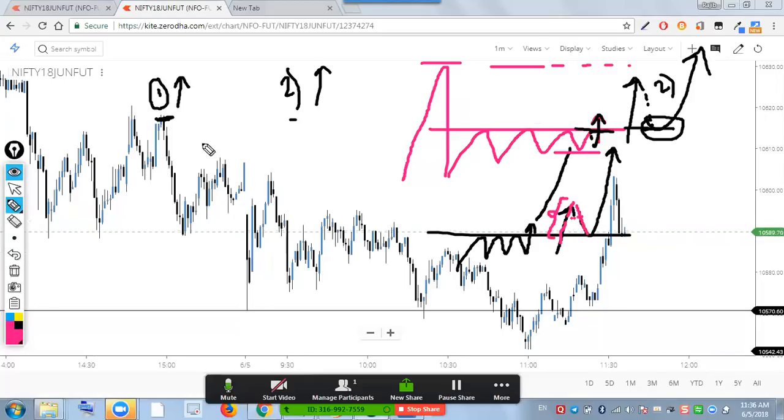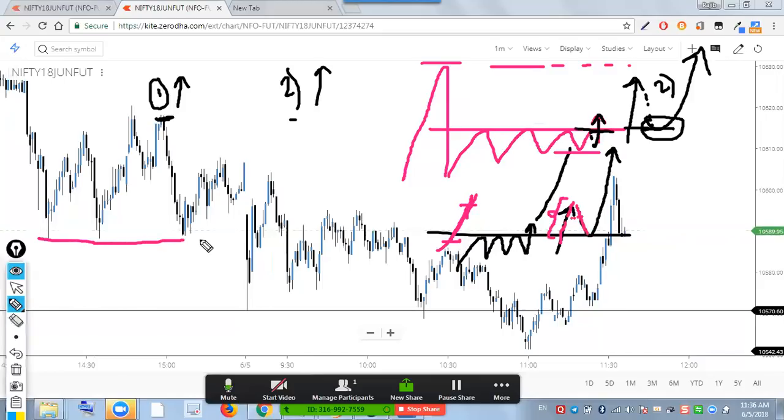So the idea of using the number 1 strategy of capturing breakouts is just to capture the first bullish momentum, the first push towards the upside. Like here we have a breakout. You see that this is the first push towards the downside, from here to here.